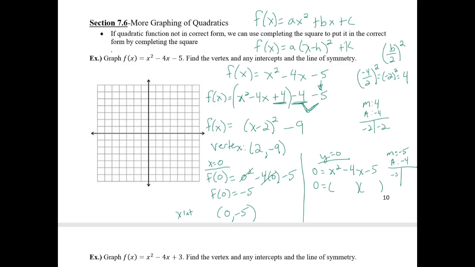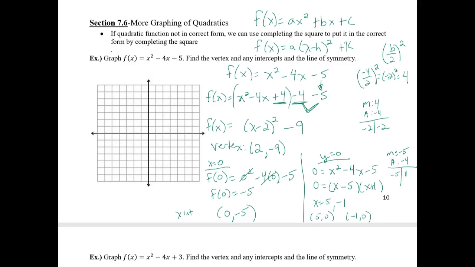I'm thinking negative 5 and a positive 1. So negative times a positive would give me negative 5. Negative 5 plus 1 would give me negative 4. So those are my two factors. My leading coefficient is 1, so I can go right into my factors of x minus 5, x plus 1. That means that x equals 5 or negative 1. And remember, these are x-intercepts, so those are ordered pairs of 5, 0, and negative 1, 0.